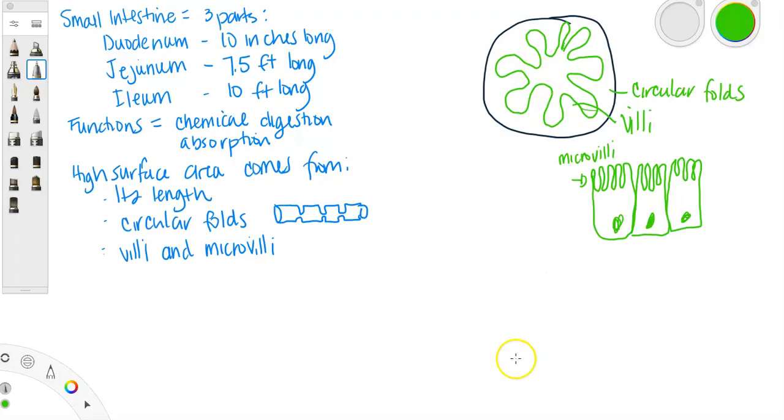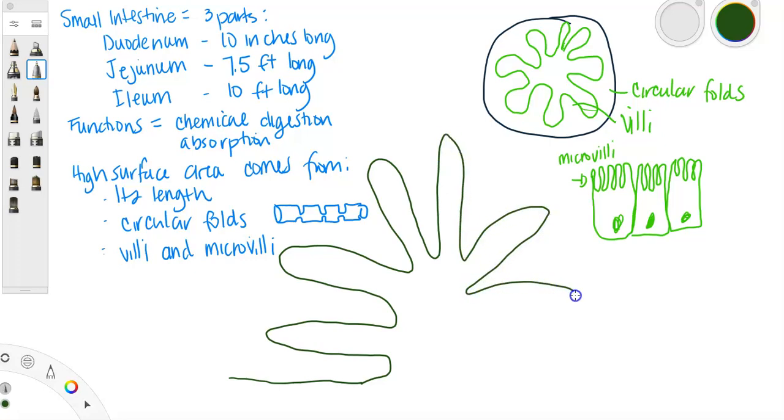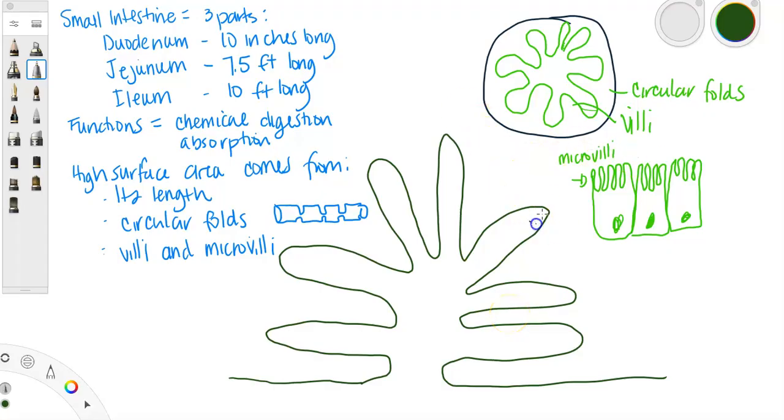So if we look closely at a villus, so if we come in here, okay, so each one of these is a villus. Okay, so here's my circular fold.